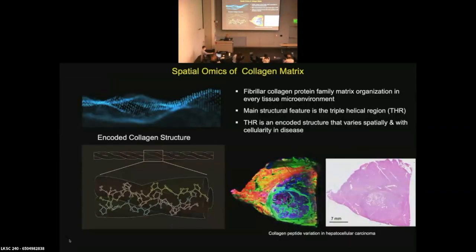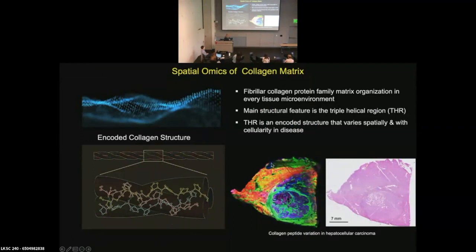What I'm going to talk about today is the encoded collagen structure. Collagens are main structural features of the tissue. The triple helical region specifically, what I'm going to be talking about is this triple helical structure and how it varies in disease states and health.